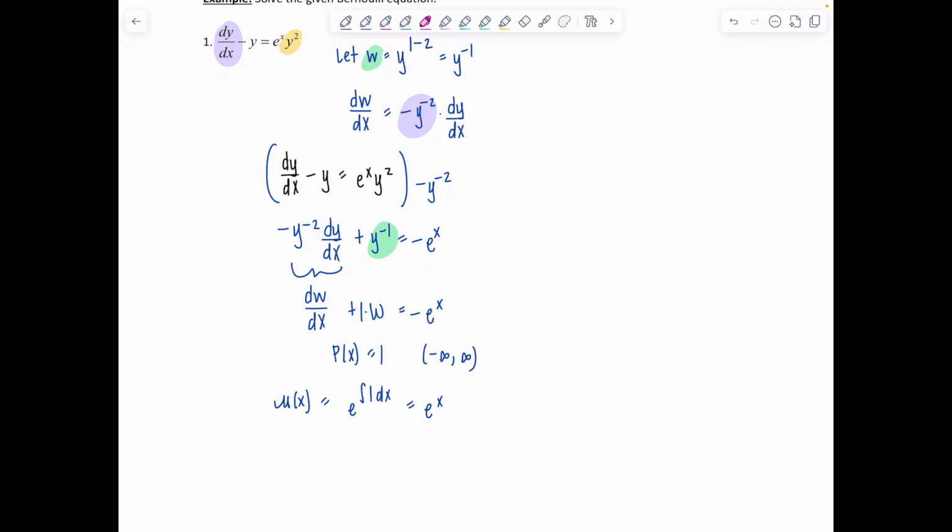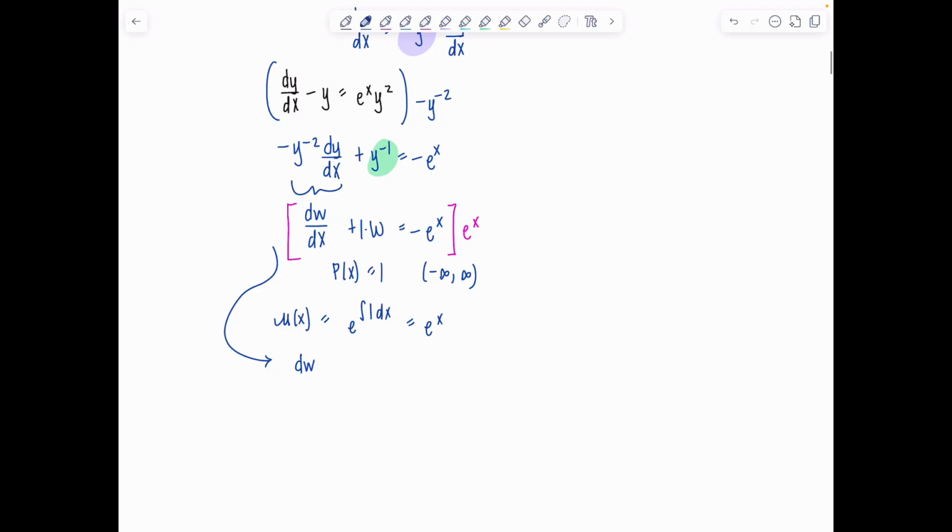Now you come through, multiply the linear differential equation in w by e to the x. Let's see what we got now. So we have dw/dx e to the x plus w e to the x equals, very good, negative e to the 2x. And then let's just make sure everything's checking out okay.